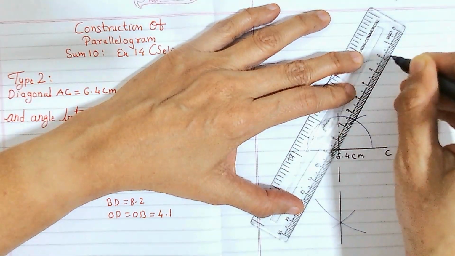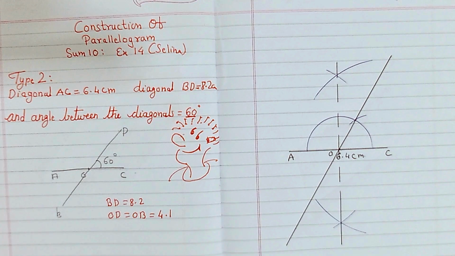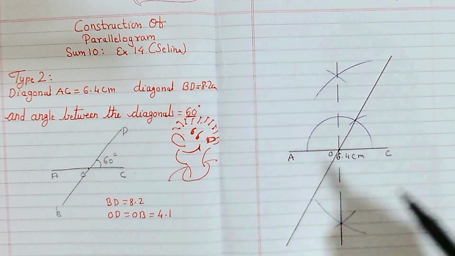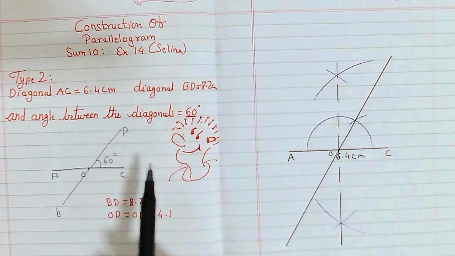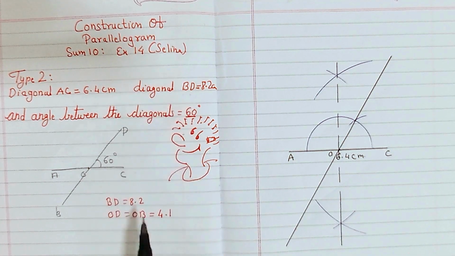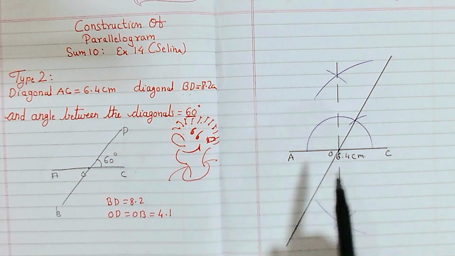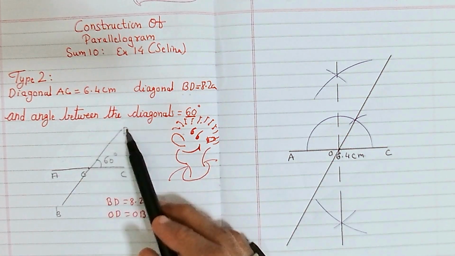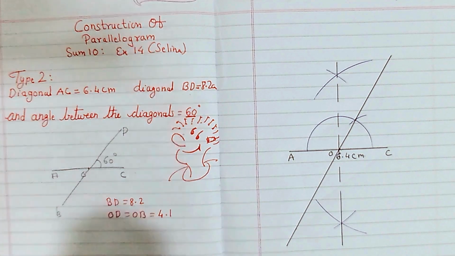Now what I am drawing is diagonal BD. But before locating points B and D on this line, we have to understand BD is 8.2 centimeter. So OD is equal to OB, which is 4.1.